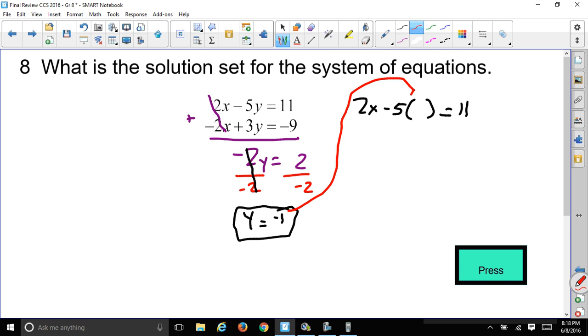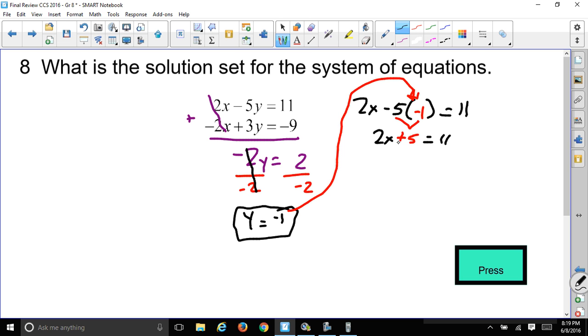So I'll sneak that negative 1 right in there. Negative 5 times negative 1 gives me a positive 5, remembering I got the negative 1 from replacing the y. So I have 2x plus 5 equals 11.